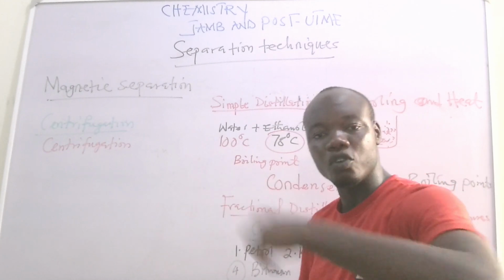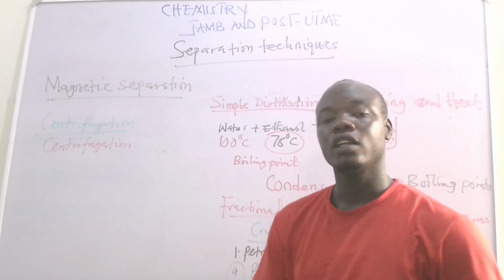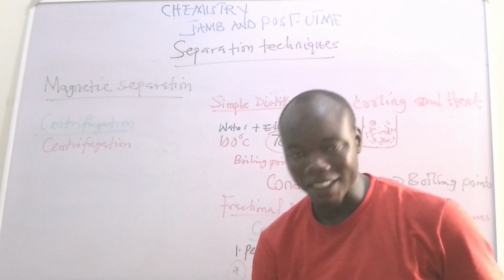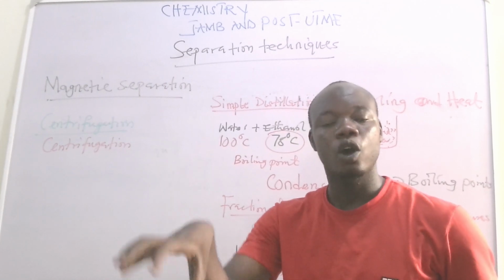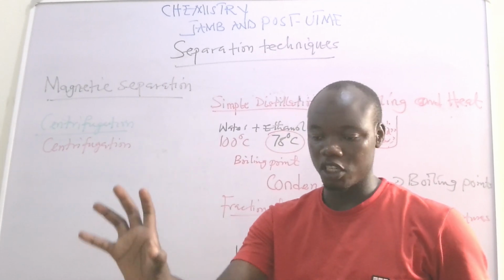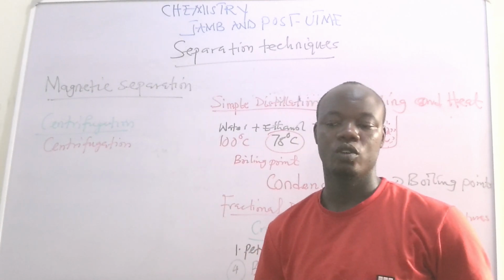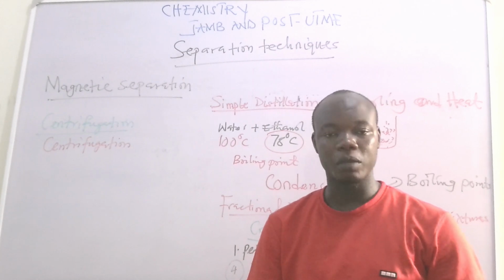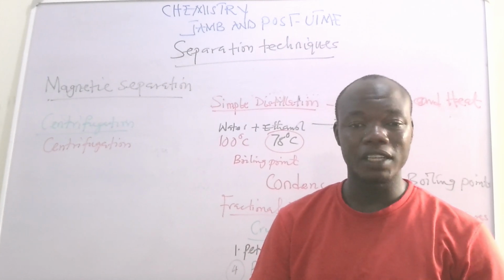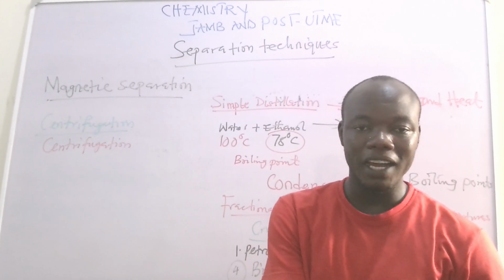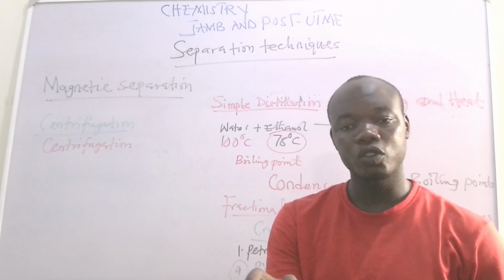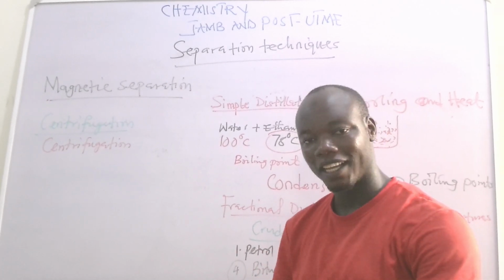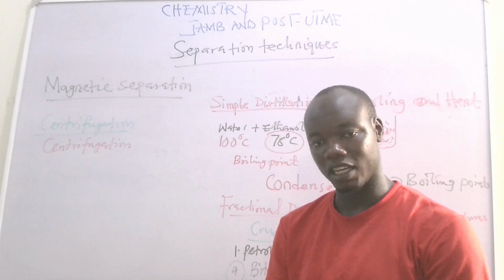Based on the centripetal force, the heavier components of the mixture will settle down, and different components may settle at different speeds. The heavier the molecules, the faster they settle down.